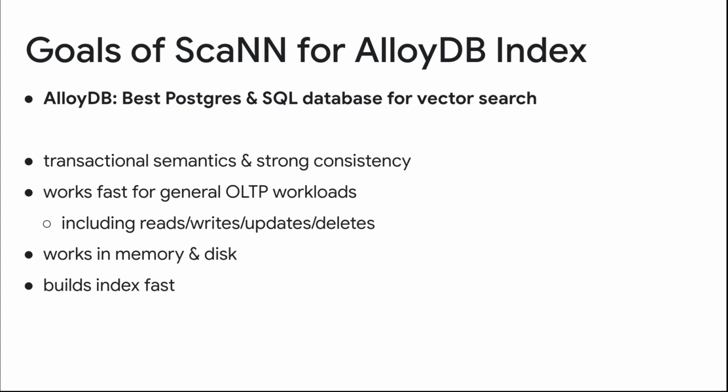Number two, it works fast for general OLTP workloads, which include read, write, update, delete, and of course the reads also involve vector search. And we should be clear here that it's not just works fast. The scan for AlloyDB is providing you a new state-of-the-art option that is exceeding the performance of pgvector HNSW in multiple cases that we will discuss next.